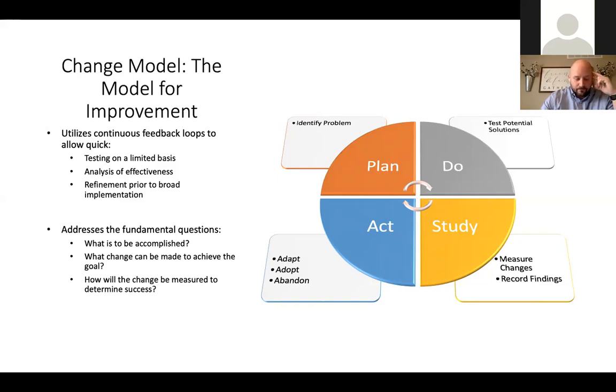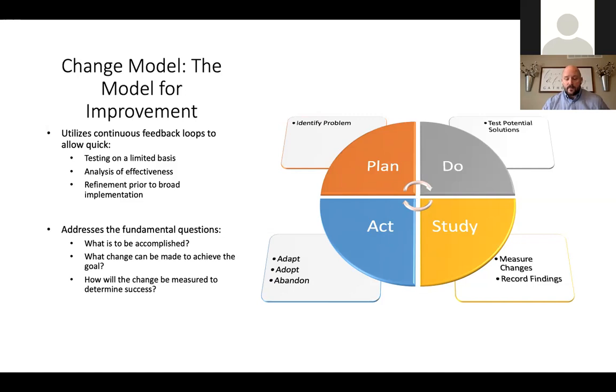The model for improvement has been selected due to its use of the Plan, Do, Study, Act cycle, or the PDSA cycle, which utilizes a continuous feedback loop, allowing quick testing of a change on a limited basis, analysis of the effectiveness, and refining the change prior to a broad scale implementation.